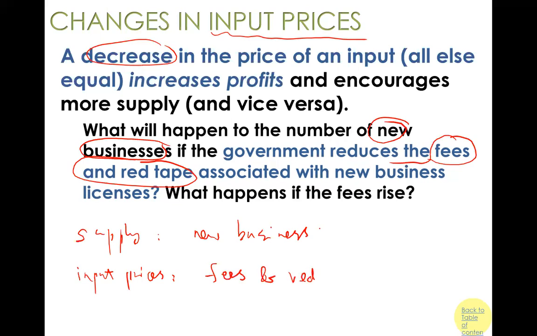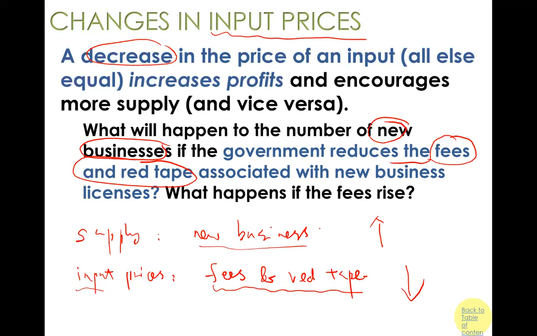and red tape. Why do we interpret fee and red tape as an input price for new business? It is because fee and red tape are considered transaction costs for you to set up a new business. So if this cost reduces, it becomes cheaper to set up a new business. If nothing else changes, then certainly the supply will increase.